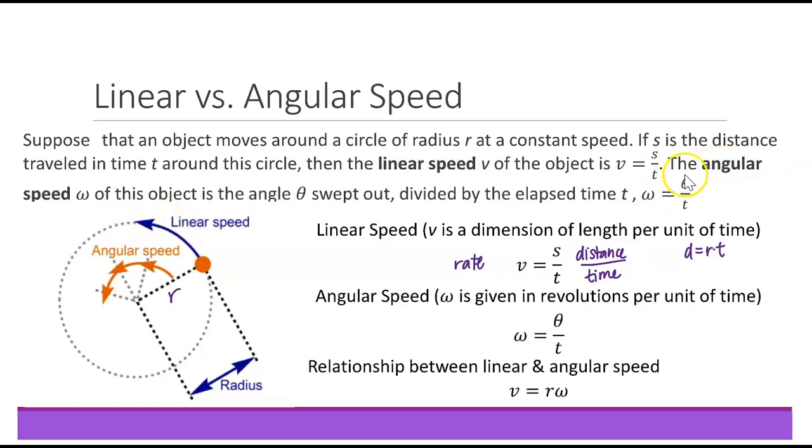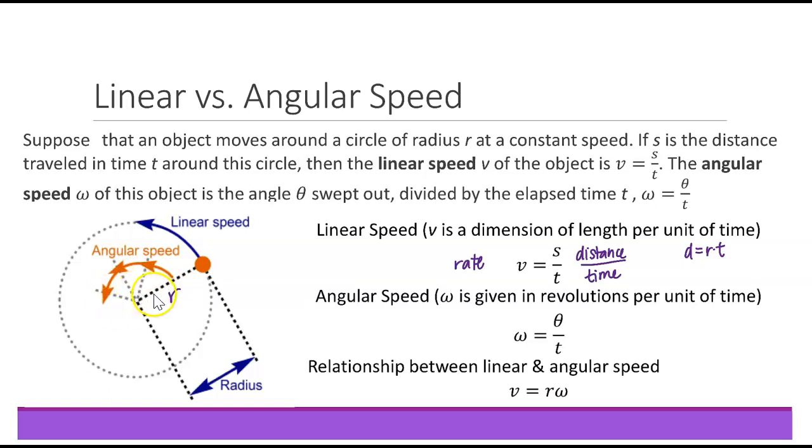Now, angular speed. The angular speed, omega, of this object is the angle theta swept out divided by the elapsed time, t. So omega is theta over t. So the difference here is that instead of thinking about the linear distance traveled on the outside, we're thinking about how much this angle theta has changed over time.